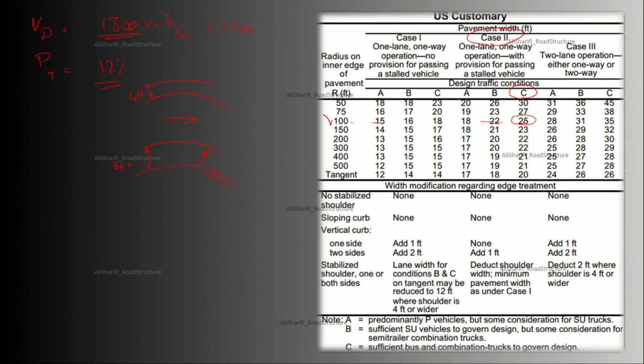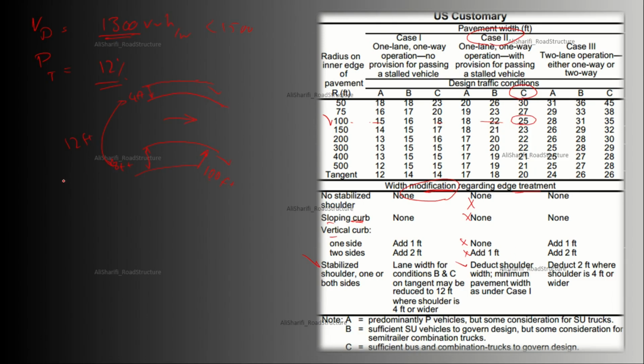We need to check for modification due to the traveled way edge conditions. Well, paved shoulders are provided, so this is not relevant to our case. There is no curb of any type outside the traveled way, so there is no needed modification due to the presence of curves. But this one, since shoulders are provided, we're allowed to deduct the sum of shoulders widths from the 25 feet that we got from this table.